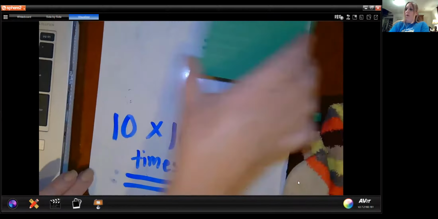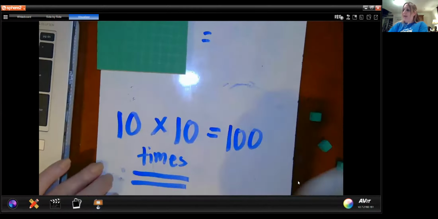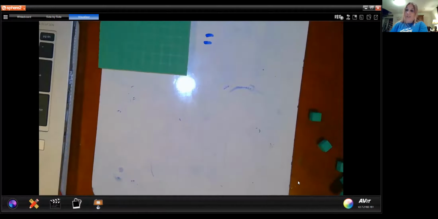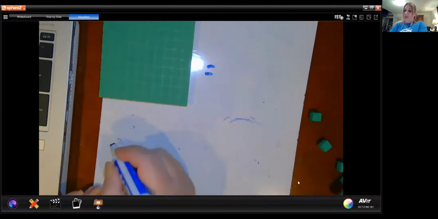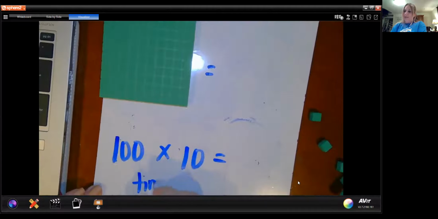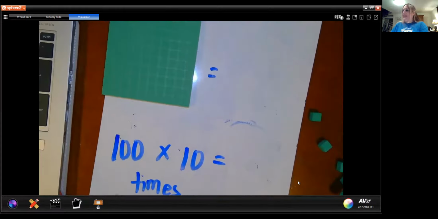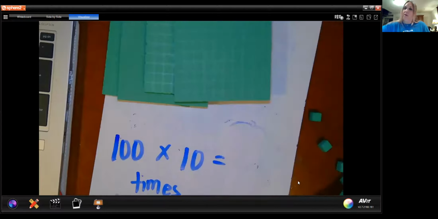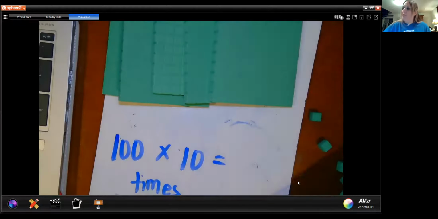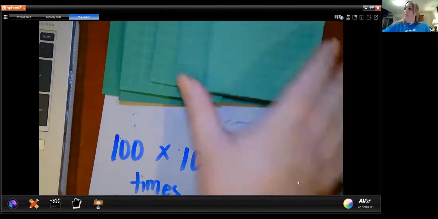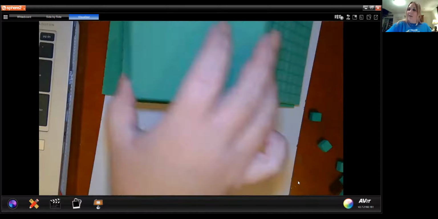Okay, we're going to do one more example just to prove that it works. We're going to take our 100 and we're going to add 10 of him, because multiplication is the same thing as repeated addition. So I have 100 and I'm going to times it times 10 by adding 10 more pieces. 100 plus 100 plus 100 plus 100 plus 100 plus 100 plus 100 plus 100 plus 100 plus 100.